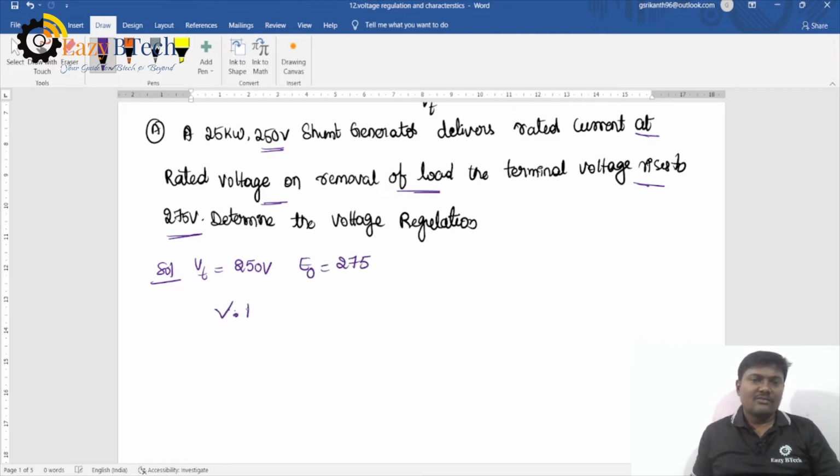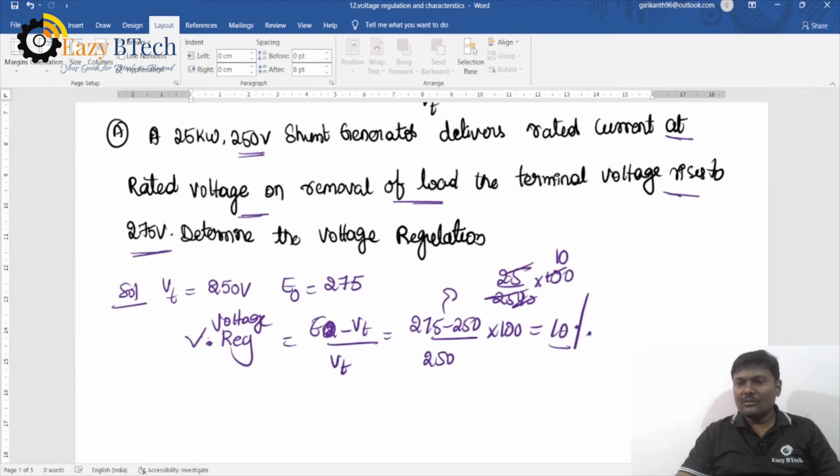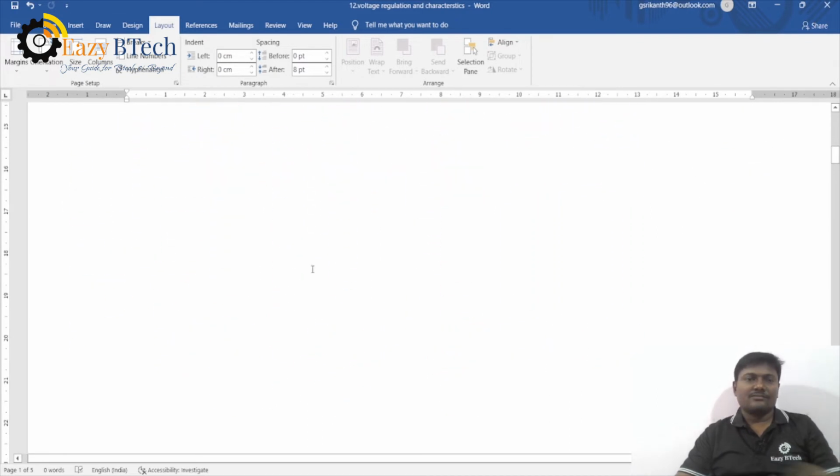Then the voltage regulation formula is E naught minus Vt divided by Vt, that is 275 minus 250 by 250 into 100. So this is 25 by 250 into 100, which gives 10%. So this is a problem on voltage regulation.